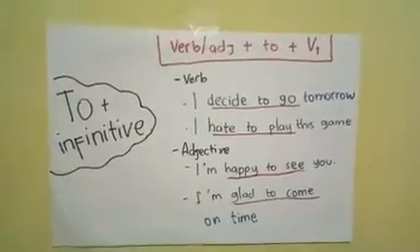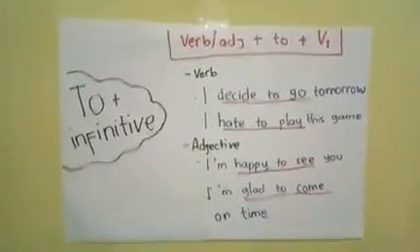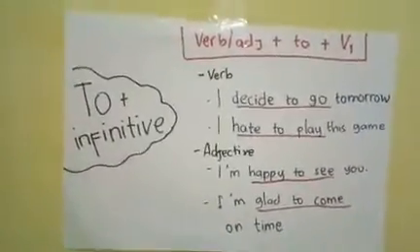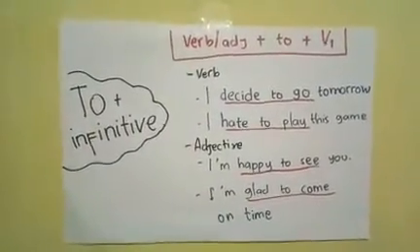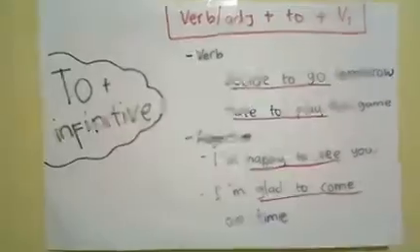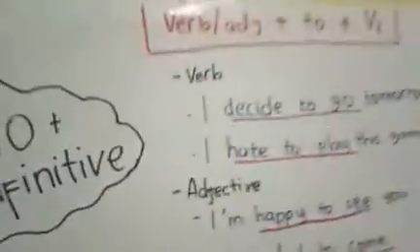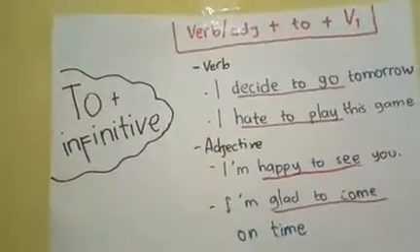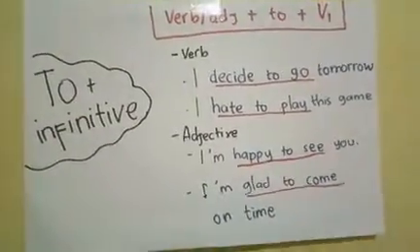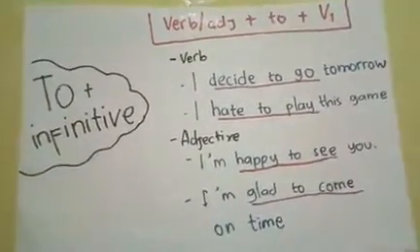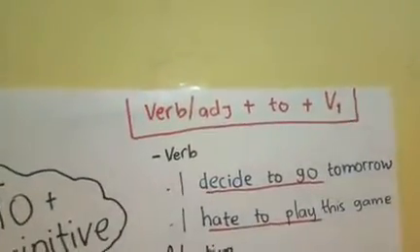Okay, the third material of grammar is to infinitive. Do you still remember? Okay, in the sentence, you use to infinitive to show your purpose or to combine two verbs. You can also combine adjective and verb. Look at the pattern.